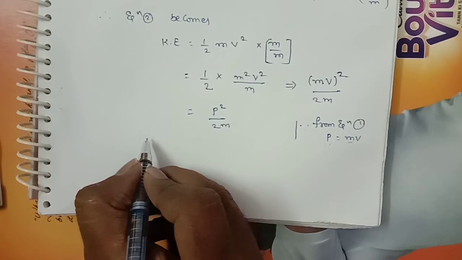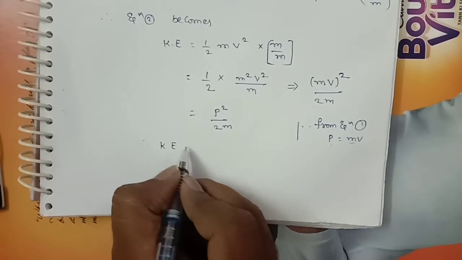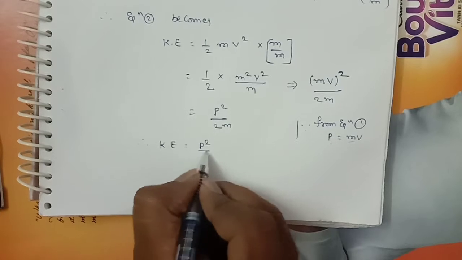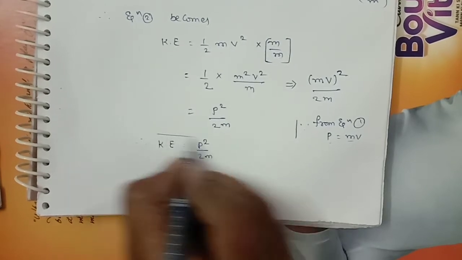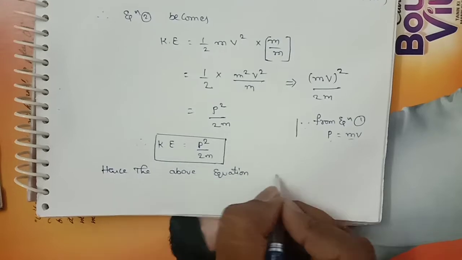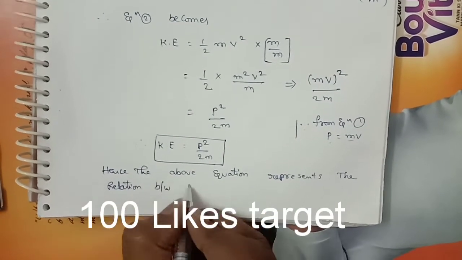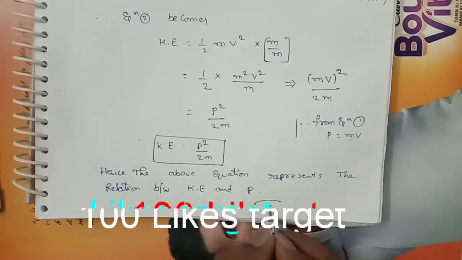So this is our final relation: Ke is equal to p square by 2m. Hence the above equation represents the relation between the kinetic energy and momentum p.